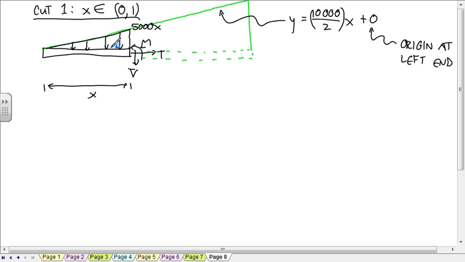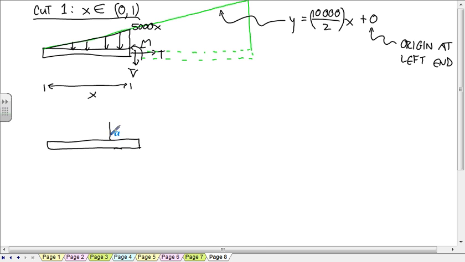All right, well, now that we've chosen what to isolate and we know the height of our triangular distributed load, now we can represent this distributed load as a point force. Where is that point force going to act? 2/3 x.